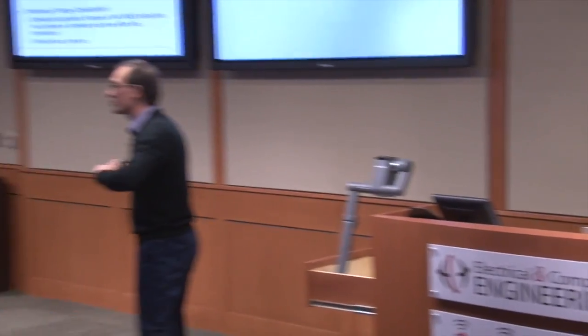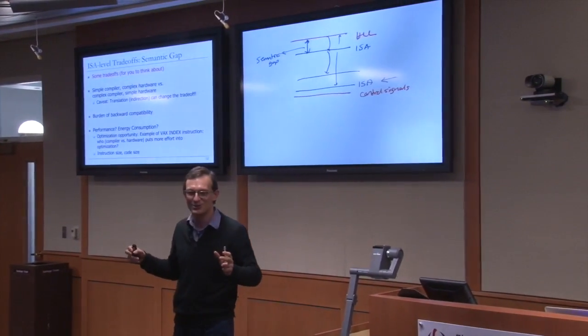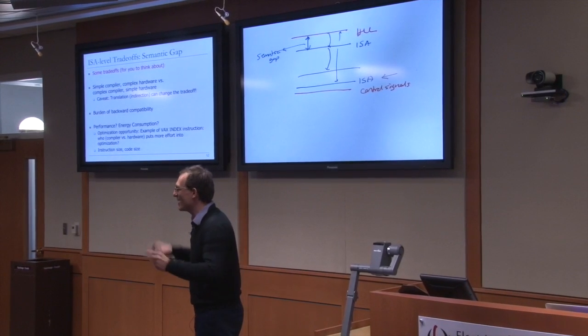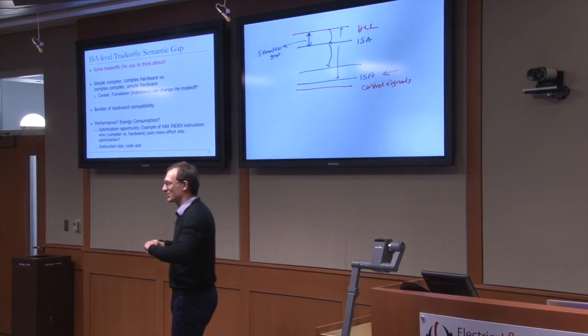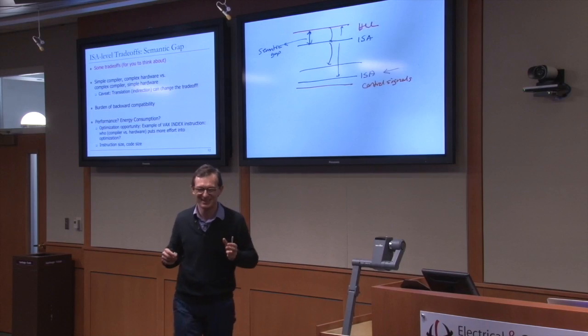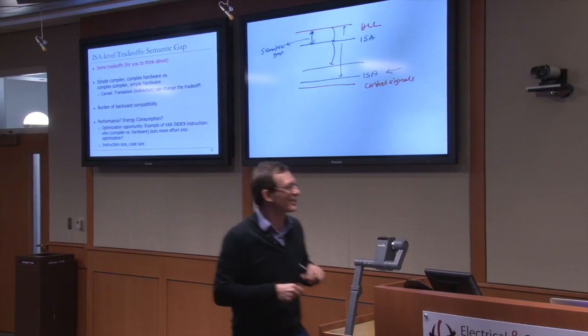Right? So it turns out later other people also examined the situation. They said most of the programs do not even use the VAX index instruction. So VAX designers made the choice to not optimize it as much. So it's kind of interesting, right? You're affecting a lot of things here. Well, if you haven't optimized that much, maybe it's not an interesting instruction to have in the ISA anyway, right?